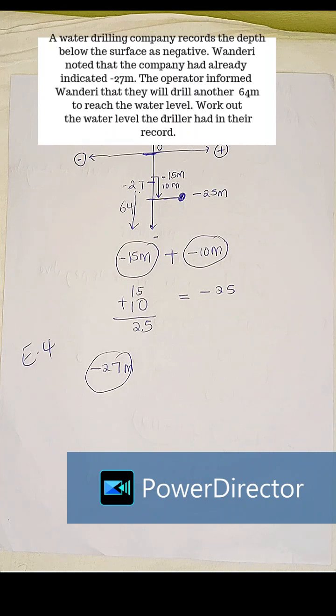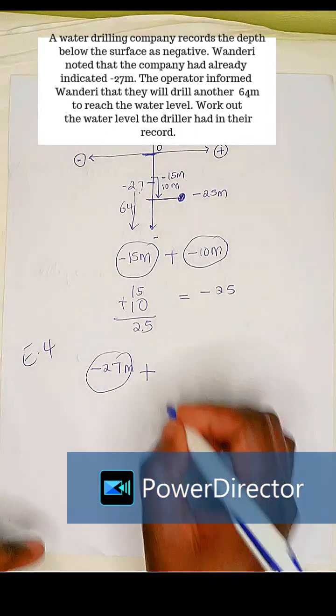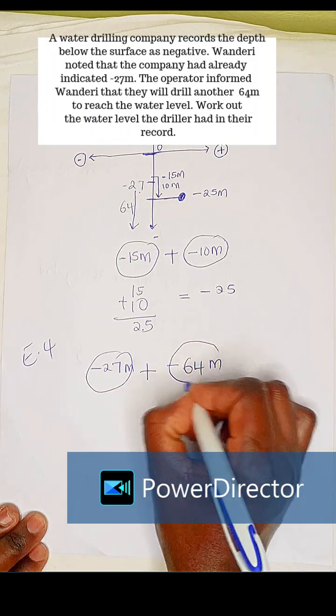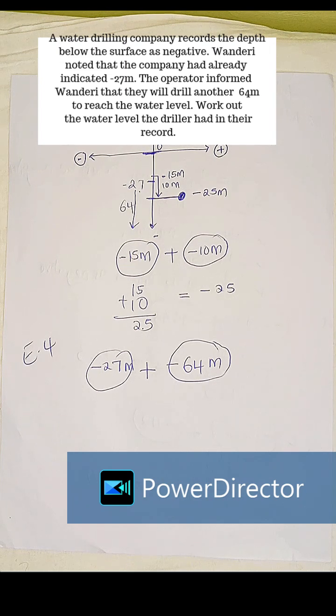So again, we are going downwards. So we are adding the negative to another negative. That is negative 64 meters. Let us see how far the level of the water is from the surface. Now, the question is, work out the water level the driller had in their record.